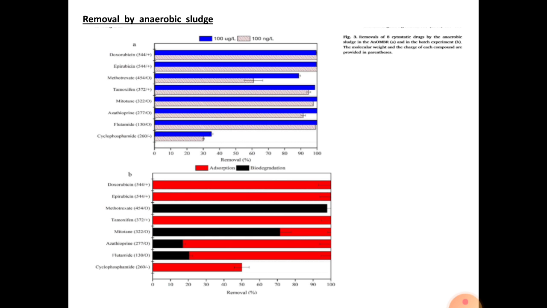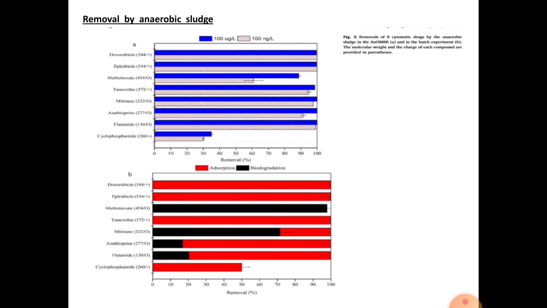This slide shows the removal of the drugs by the anaerobic sludge. As it can be seen in figure 3a, the anaerobic sludge exhibits significantly different results on the removal of the 8 cytostatic drugs.